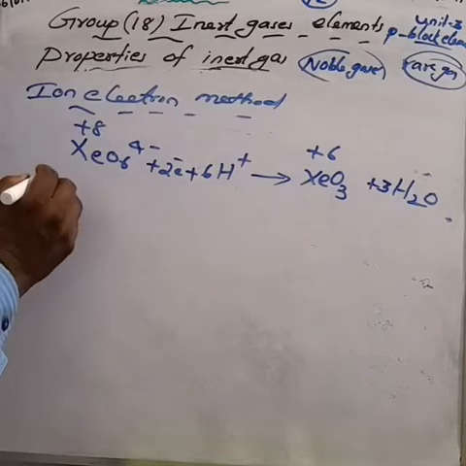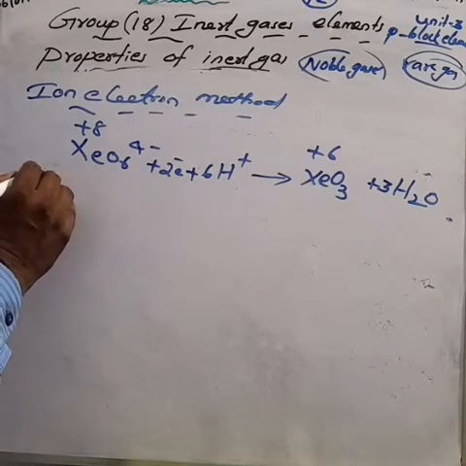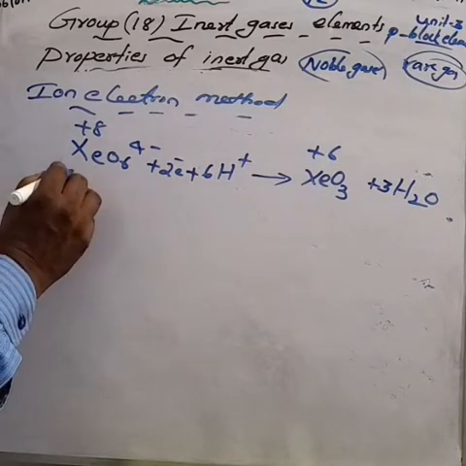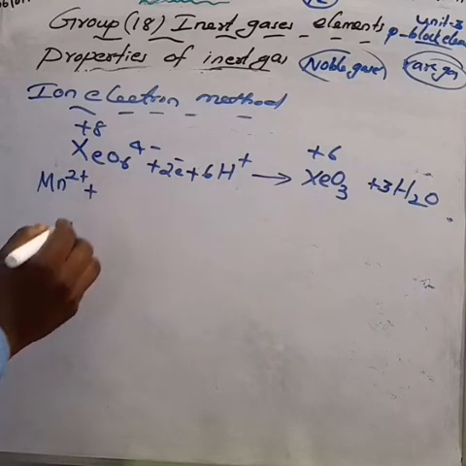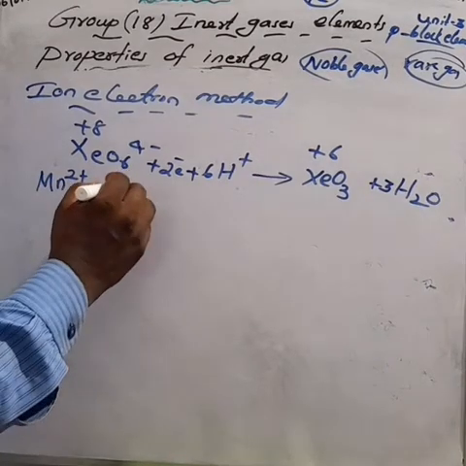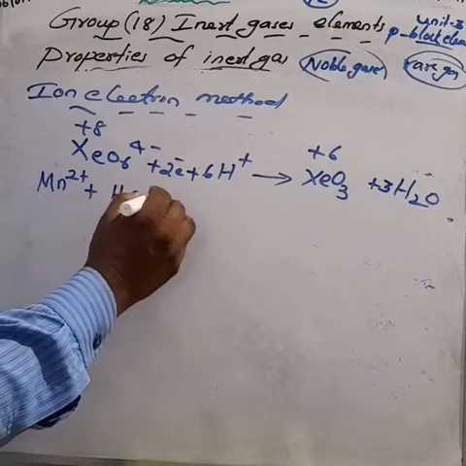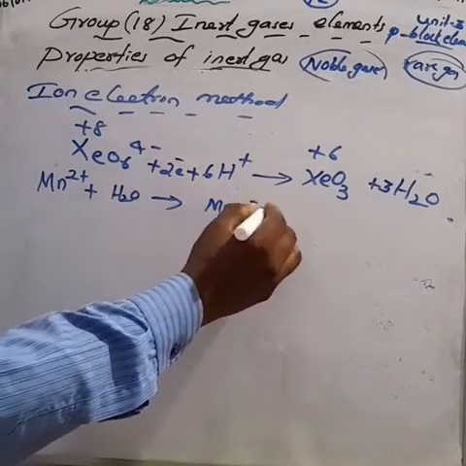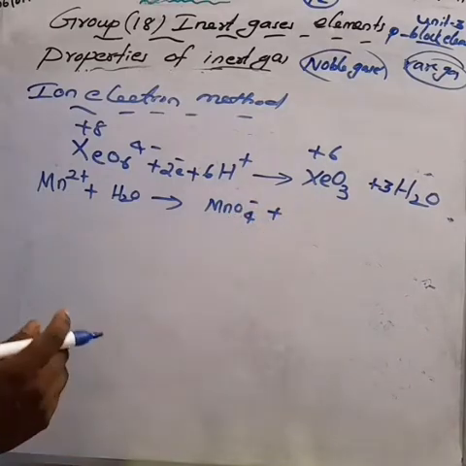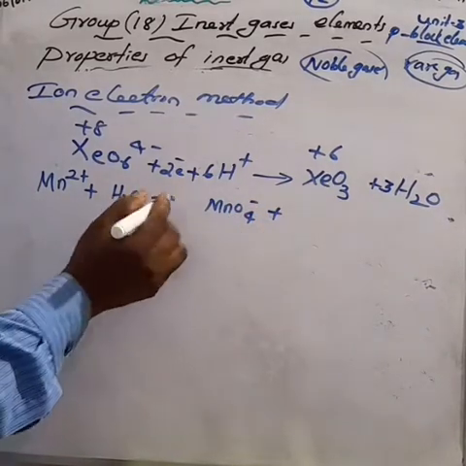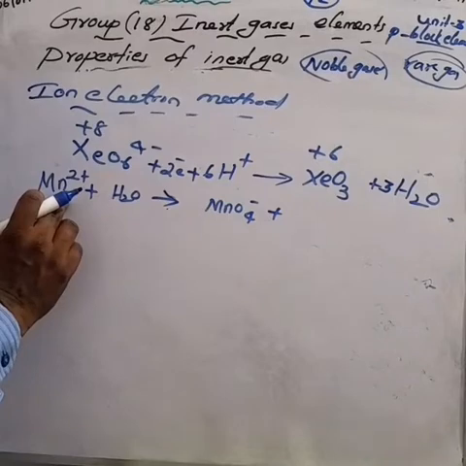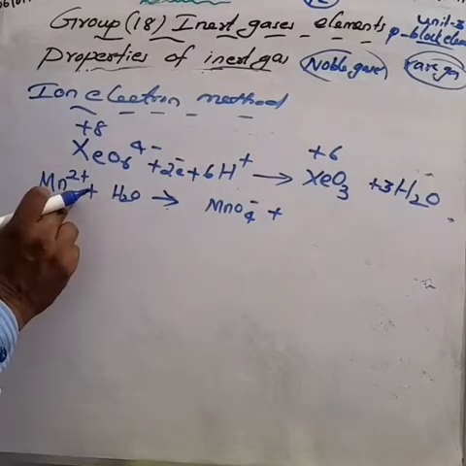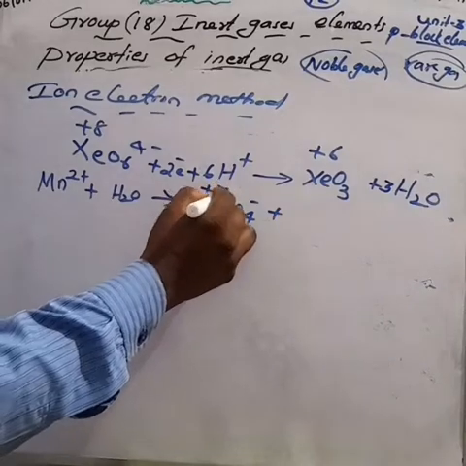First, what happened here: Mn2+ ion reacts with water, H2O, and we get MnO4 minus plus electrons. Here Mn2+ is converted into the +7 oxidation state, that is MnO4 minus ion.